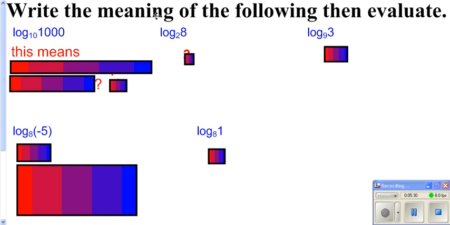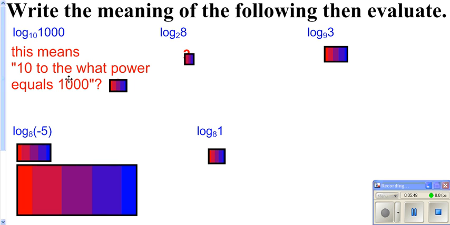So now we want to evaluate these. The first one, yes, you could use your calculator, but the rest of these you can't use your calculator with. You may want to think about what does this really mean? Well, the first one, log base 10 of 1,000, means 10 to what power is 1,000?